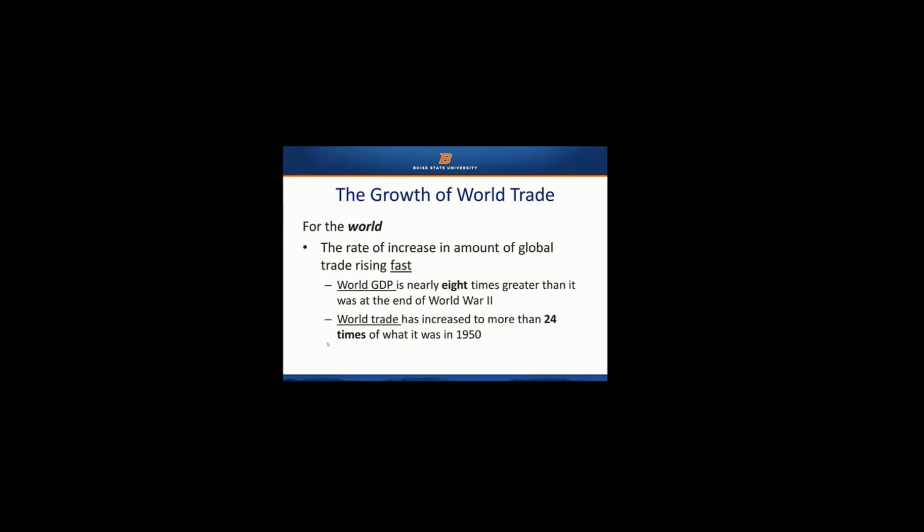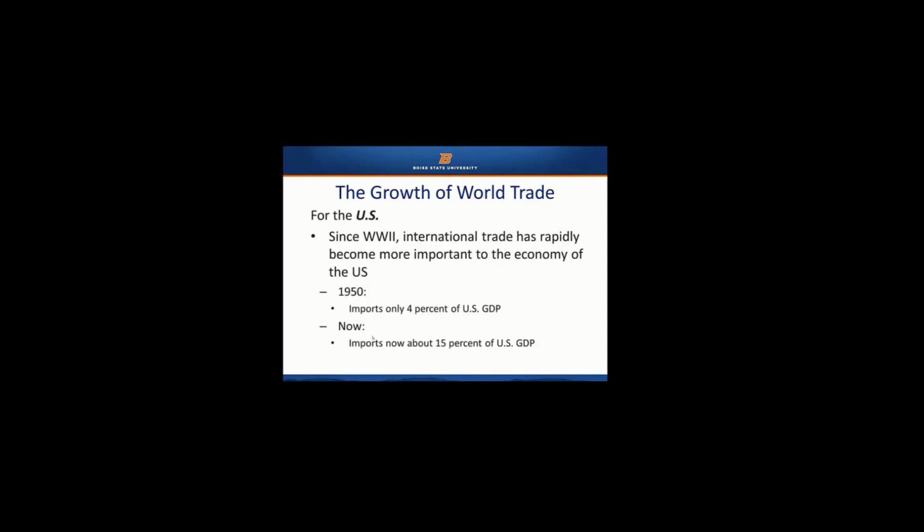Just another way of looking at it is world GDP has grown by a factor of 8 since World War II. The amount of world trade has increased 24 times in that same period of time. So the amount of world trade relative to the GDP growth is significantly higher.